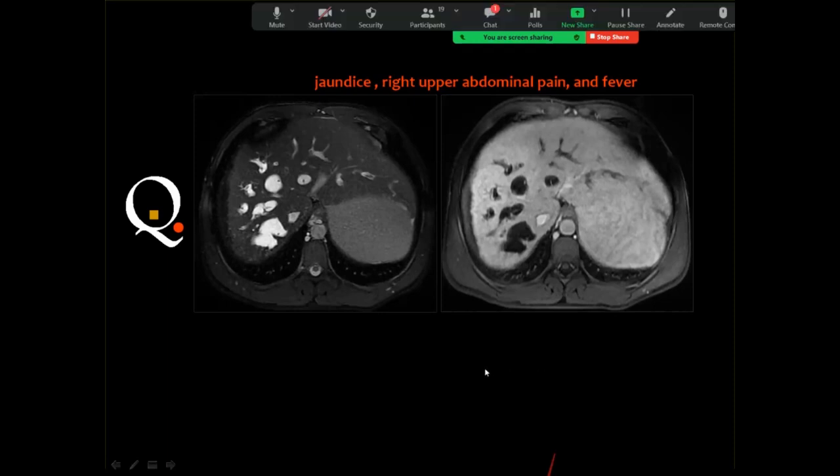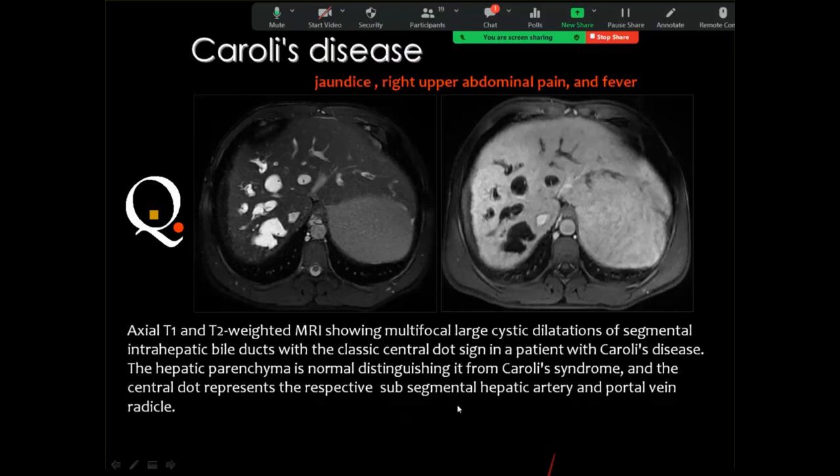Okay, the right answer is Caroli disease, as mentioned by one of you, and there is a cystic dilatation of the biliary radicals. How do you know that? You know these are dilated bile ducts by the presence of other dilated bile ducts in the left hepatic lobe.